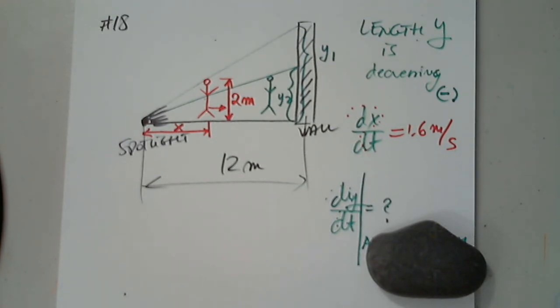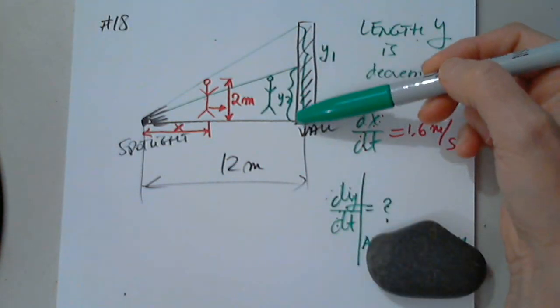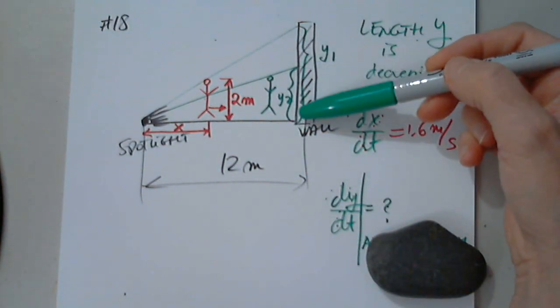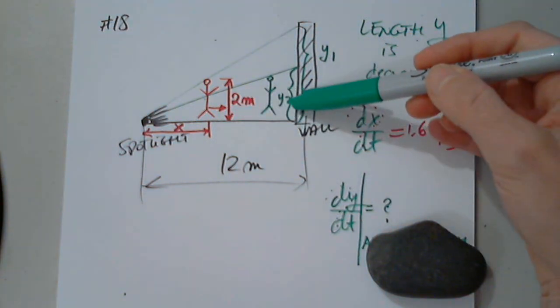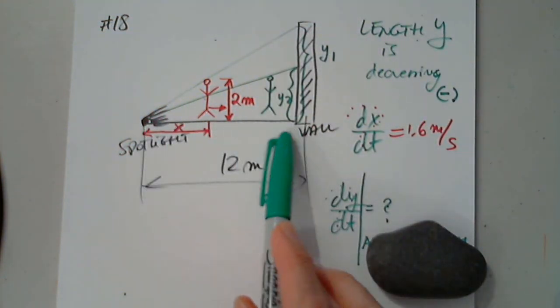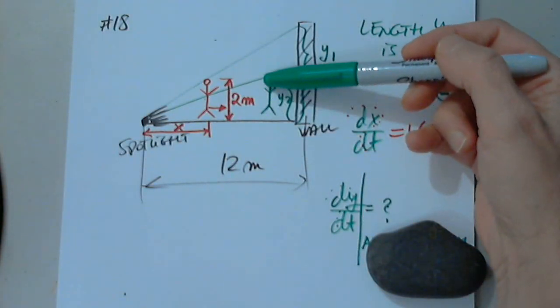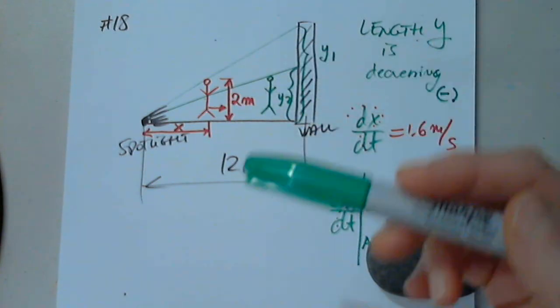Okay. So he walks. His shadow on the building is decreasing as he gets closer and closer to the wall. We have 12 here. We have y here. We have 2 meters high.